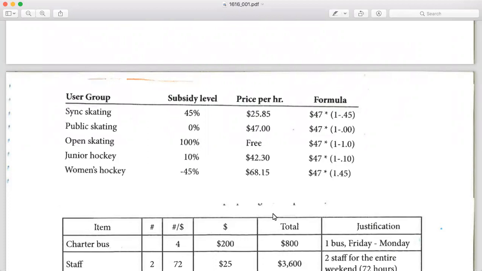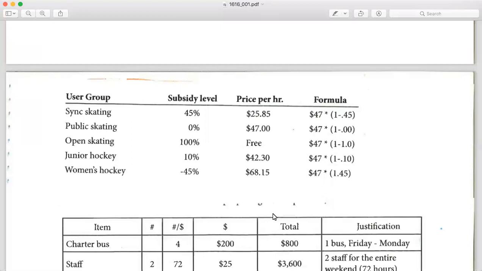And then public skating is subsidized at 0, meaning the formula would then be, as you see it there. Open skating is subsidized at 100%, and the price per hour is free, and that's how the formula would work out.